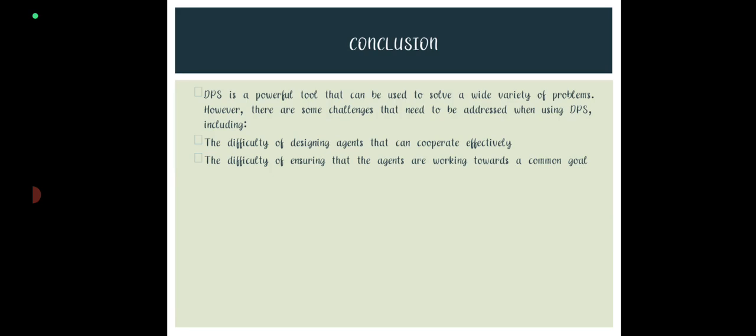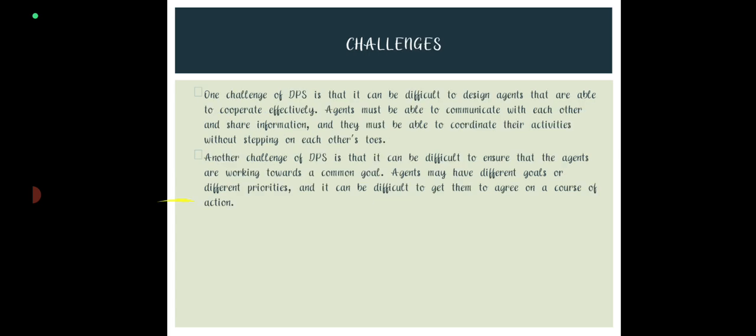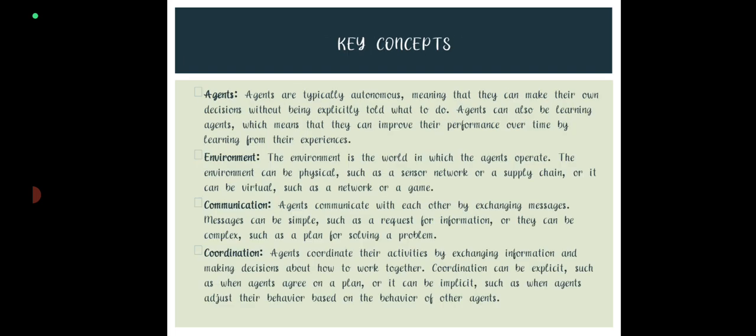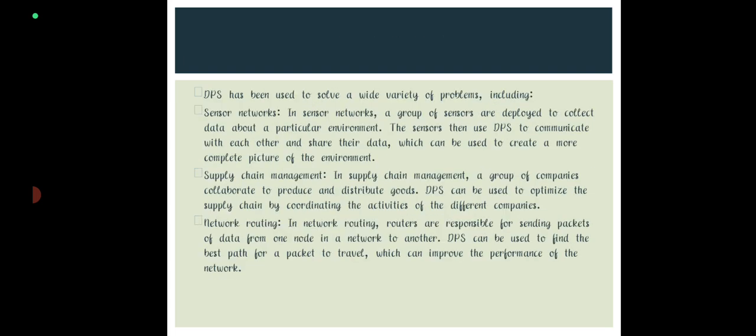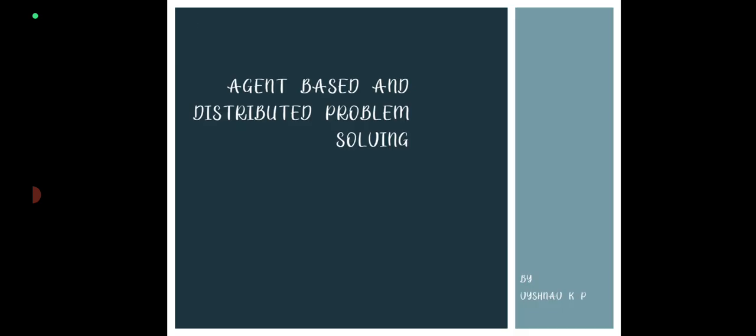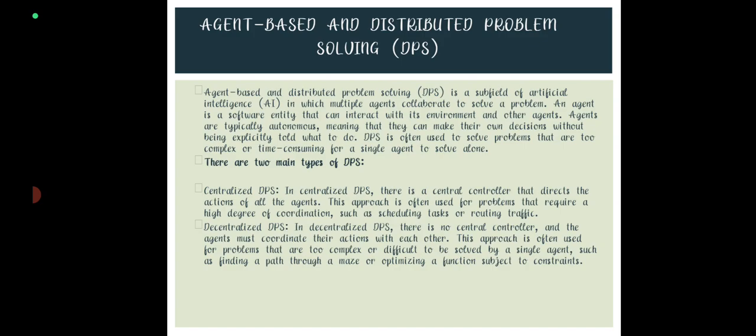So let's wind up this session. We can summarize from the start. We discussed what agent-based and distributed problem solving is. There are two main types, centralized DPS and decentralized DPS.